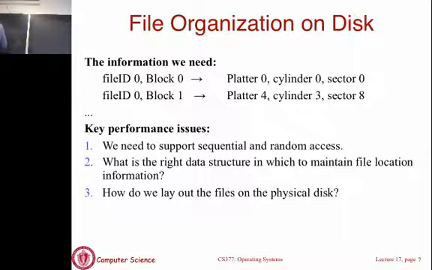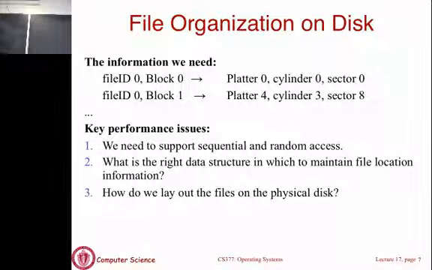Now, a simplified version of how we can consider numbering sectors is, let's just say we have 2 tracks and 4 sectors in each track. We can essentially just start numbering from 0.